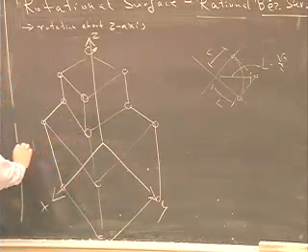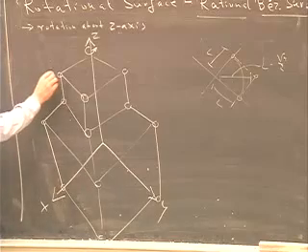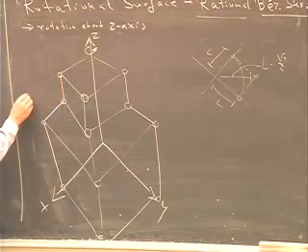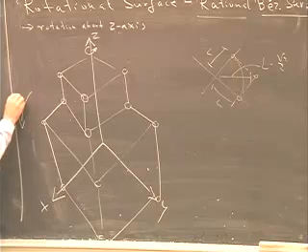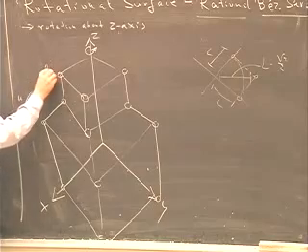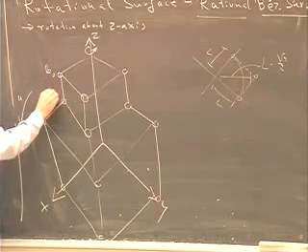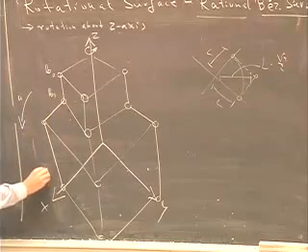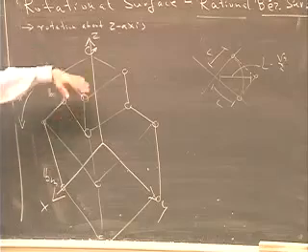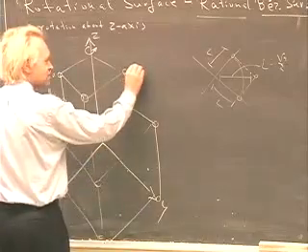Now I can say this was my original. If I call this the u direction, I call this guy B0, this was my B1, and this, say, is my BM. Then these will be the corresponding points.